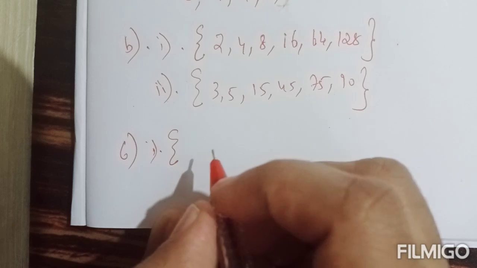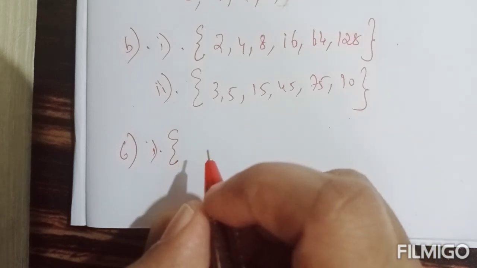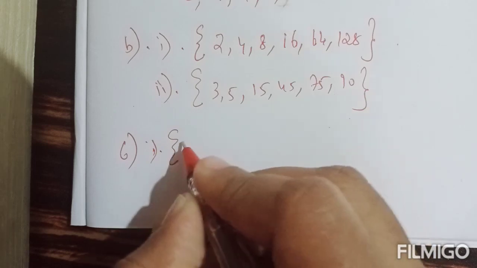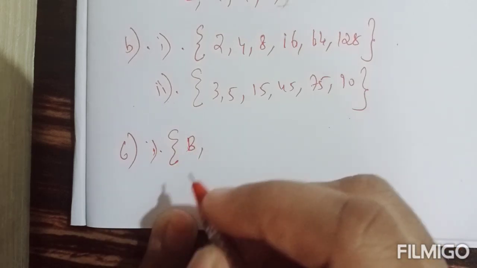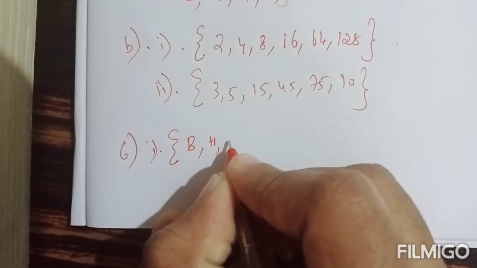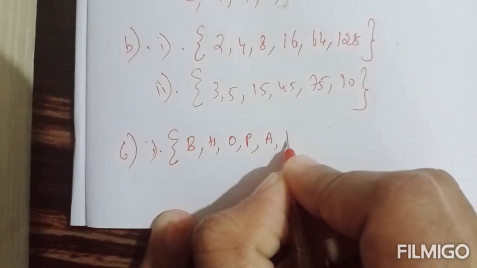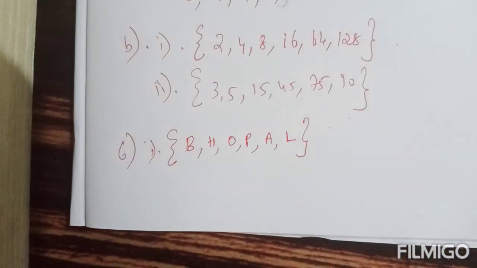We can start writing the letters used in the word Bhopal in this set. So B you can write. Next H is there. Then O is there. P is there, A, then L. So this is the set of letters used in the word Bhopal.